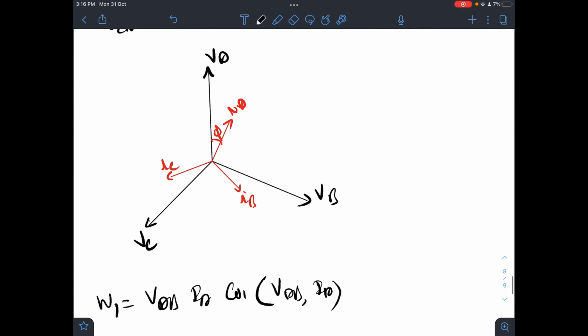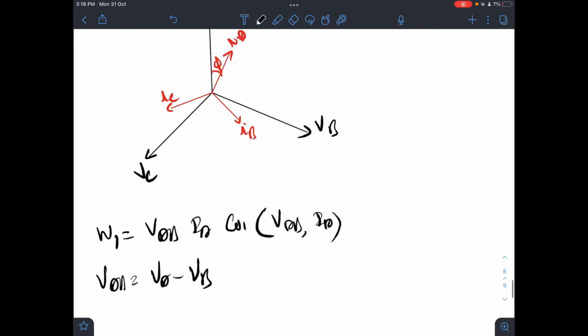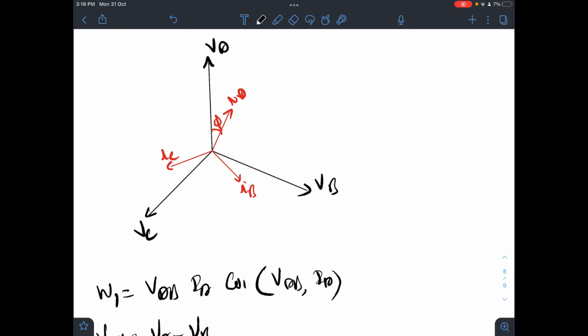Let us see what VAB is here. If we have VA here and VB here, then from this phasor diagram we can find VAB. VAB will be equal to VA minus VB. We have already got VA here. I can write it as VA plus minus VB.